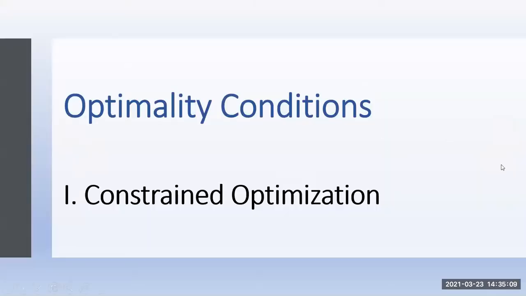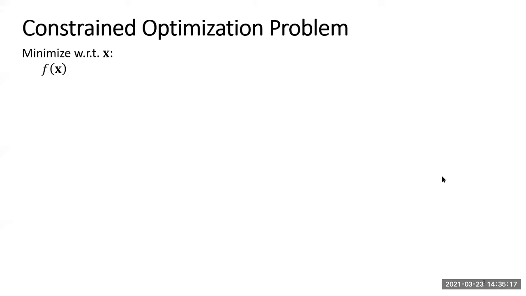Okay, so we will be doing optimality conditions today for constrained optimizations. And so this is the constrained optimization problem, the generic form that we shall be using in this course.